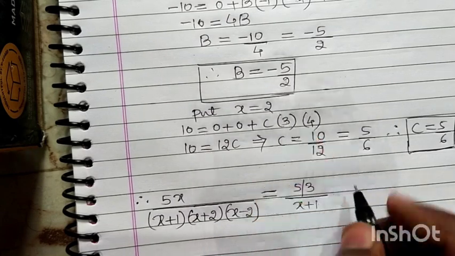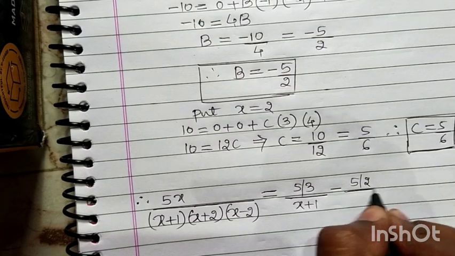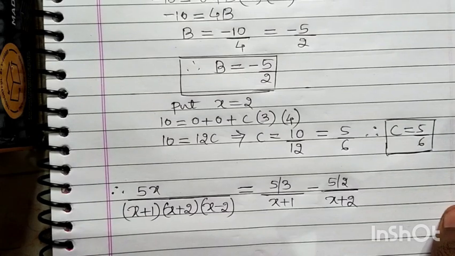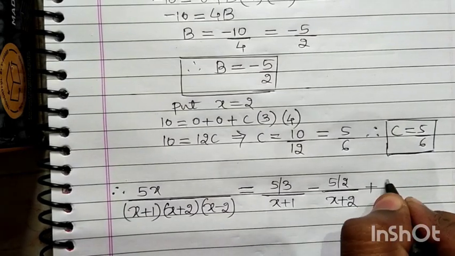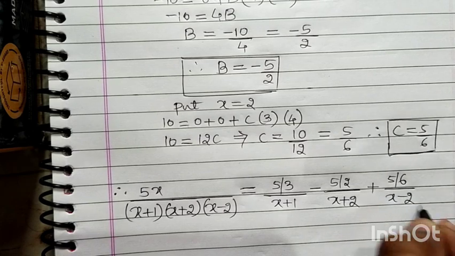Then the value of B is minus 5 by 2, so I write minus 5 by 2 divided by x plus 2. Then the value of C is 5 by 6, plus 5 by 6 divided by x minus 2.